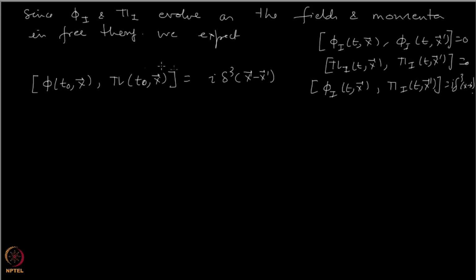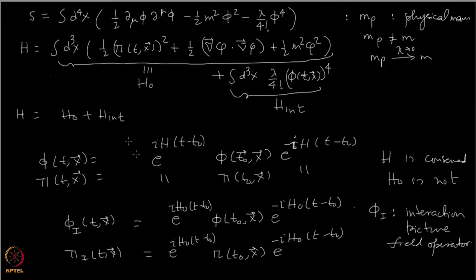Now I will turn it into an expression of this form, and that is easy. All I have to do is bring in these factors. See, phi I has e to the i H naught t minus t naught on the left, and e to the minus i H naught t minus t naught on the right. The inverse of this factor is just the same thing with the plus sign, right?